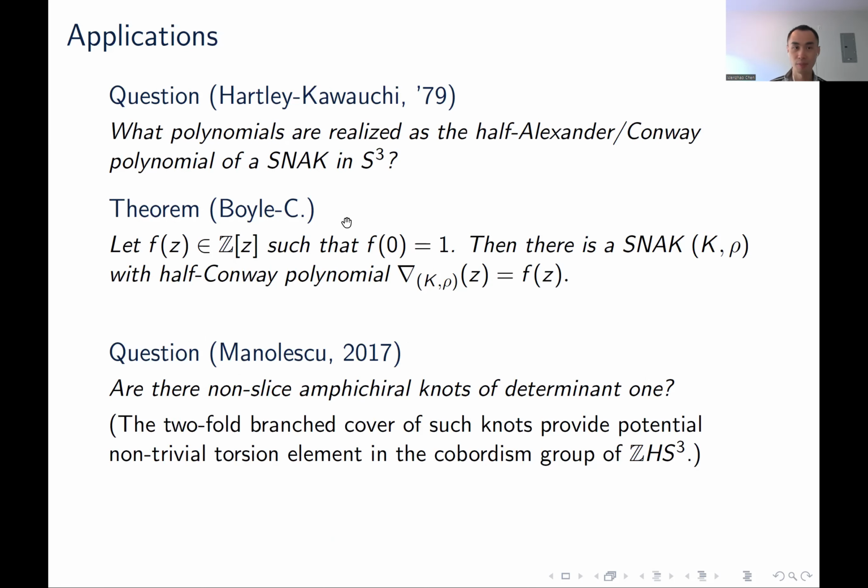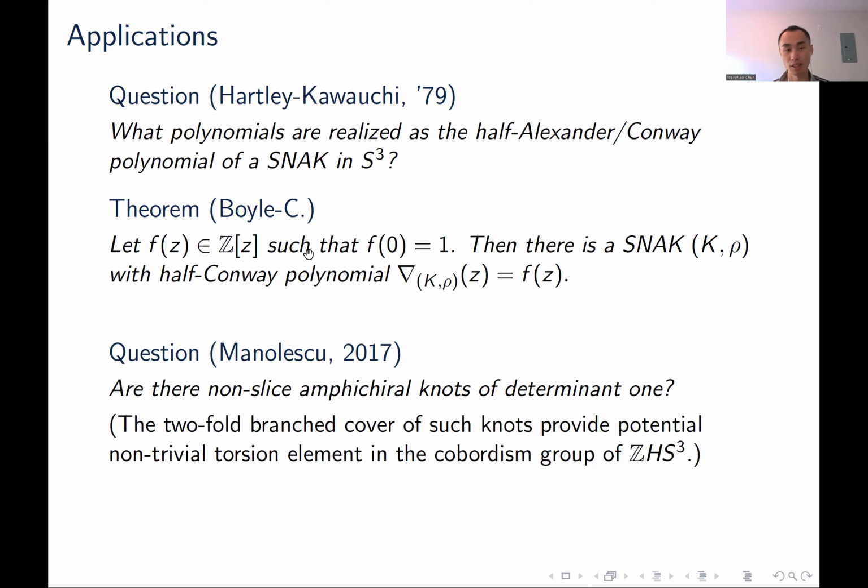So the first set of applications actually answers two questions in the literature. The first question is due to Hughes and Kim, and what they ask is which polynomials are realized as the half-Alexander or half-Conway polynomial of a snack in S3.